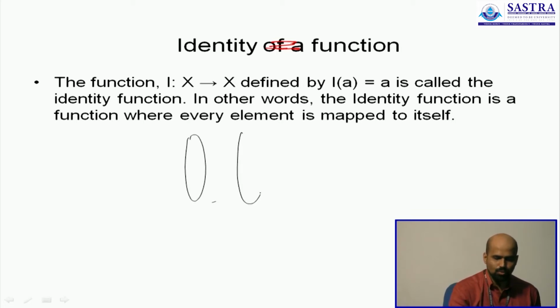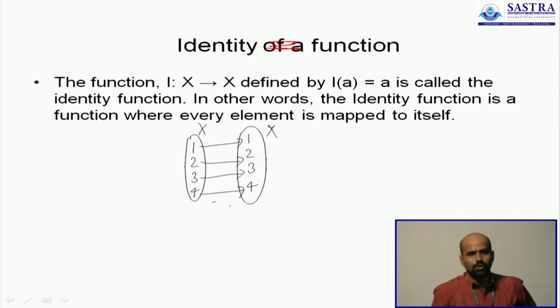Here you will not have two different sets called domain and codomain. It's a function from a set to itself, so both are the same. X goes to X again, but 1 goes to 1, 2 goes to 2, 3 goes to 3 and 4 goes to 4. Such a function is what you call the identity function, where every element gets mapped to itself. It's like looking in front of a mirror. The object is reflected. The image and the object are one and the same.